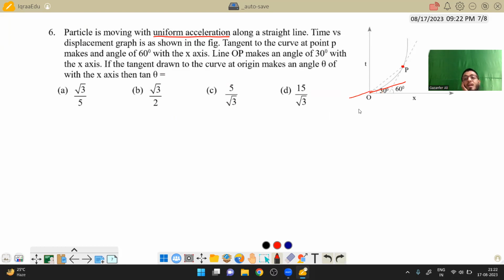We are given a displacement-time graph. There is a point P on the graph. The tangent to the curve there makes an angle of 60 degrees with the x-axis, and the line joining O to P makes an angle of 30 degrees with the x-axis. It's asking what is tan theta of the line which is tangent to this curve at the origin.